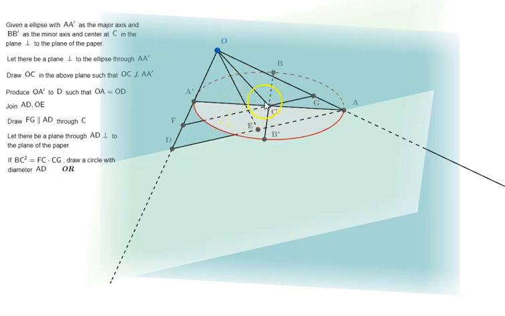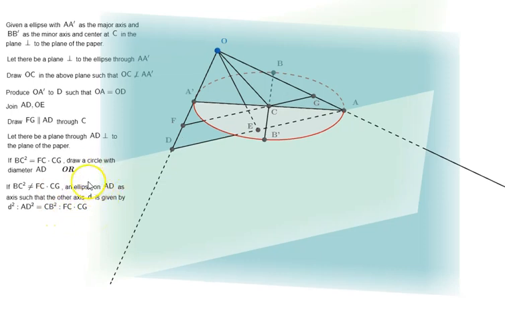If BC square is equal to FC times CG, draw a circle with diameter AD. Or if BC square is not equal to FC times CG, draw an ellipse on AD with an axis such that the other axis D is given by D square is to AD square is equal to CB square is to FC times CG.